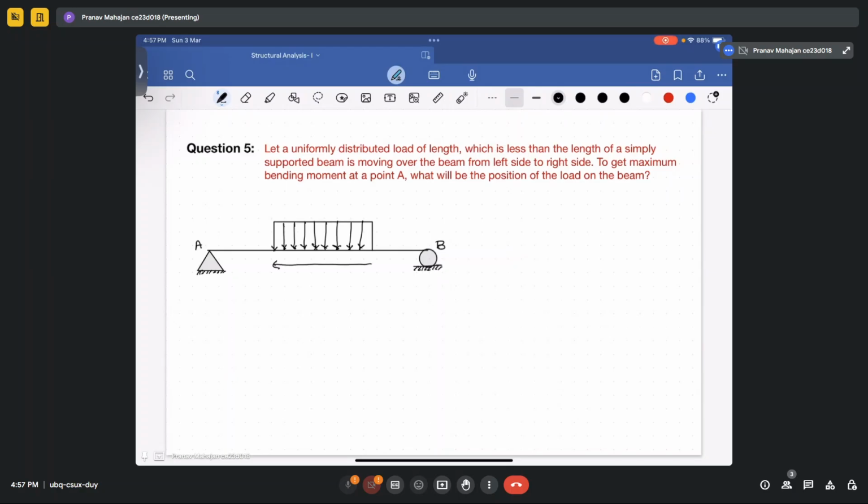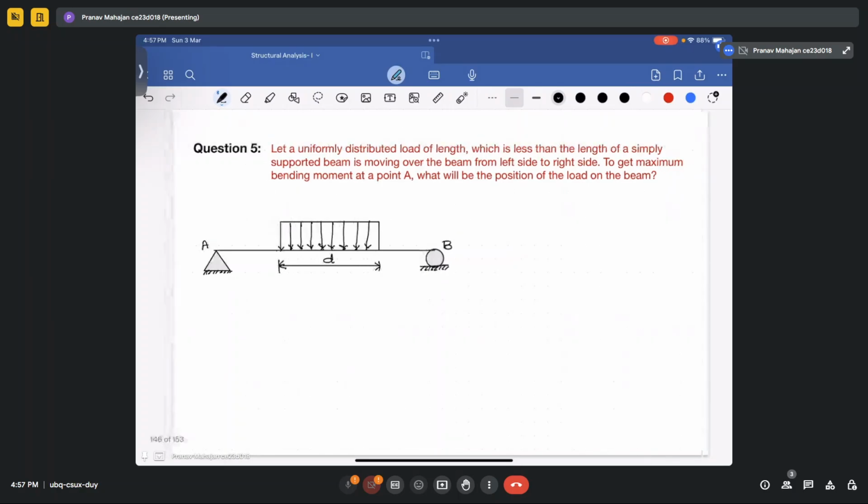The whole length of the UDL is D. Let the whole beam be divided into A and B. This is your A, this is your B. Now this will be your A1, and this will be your B1.